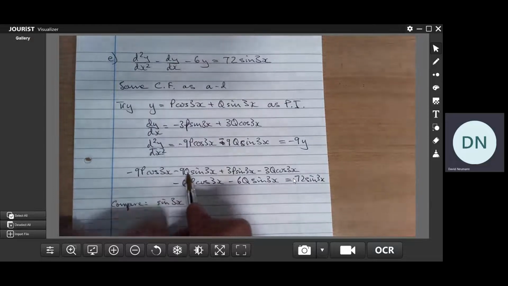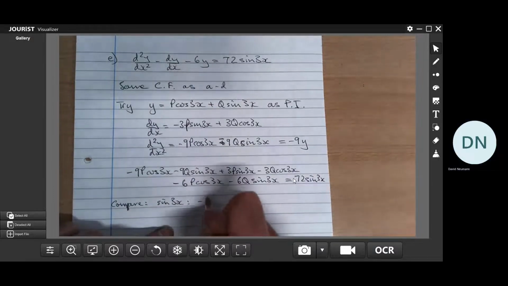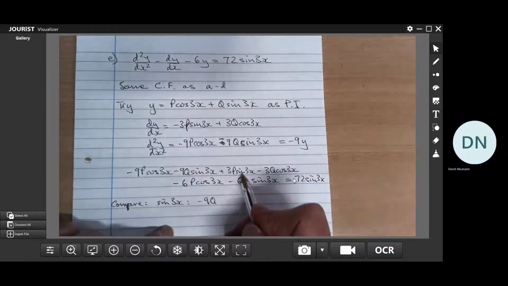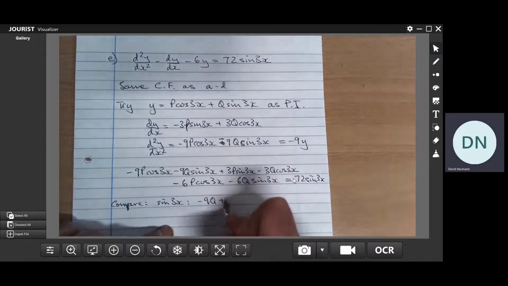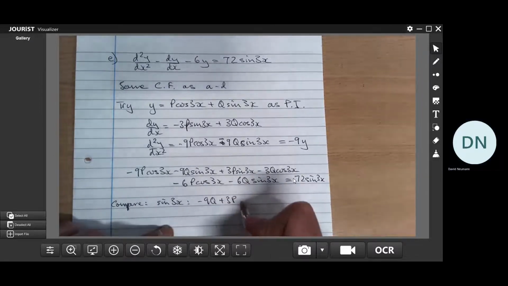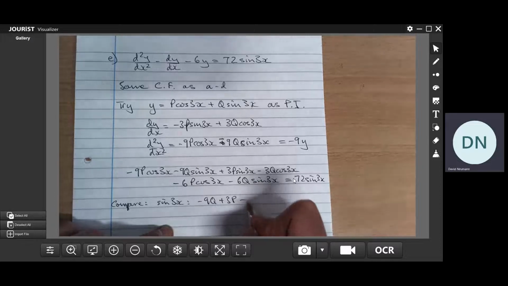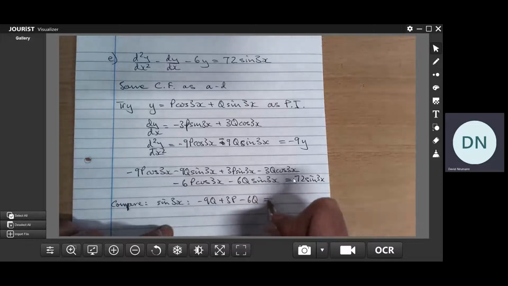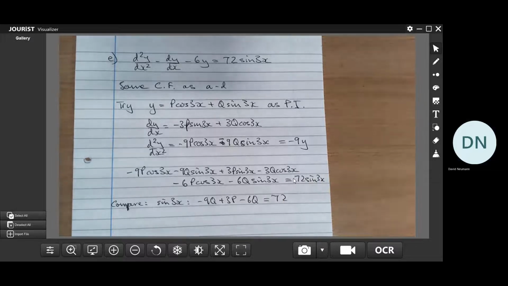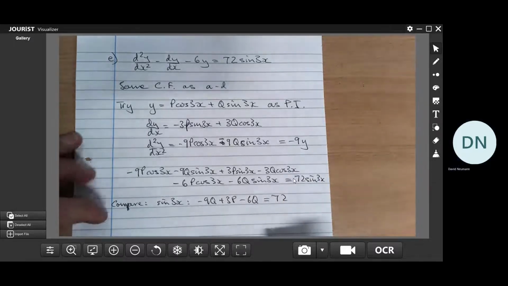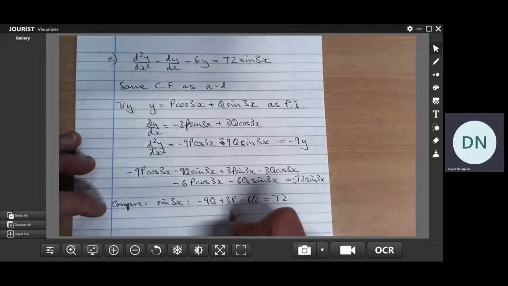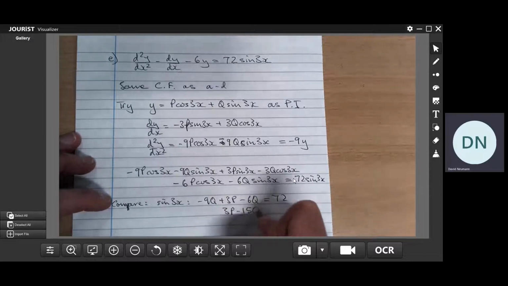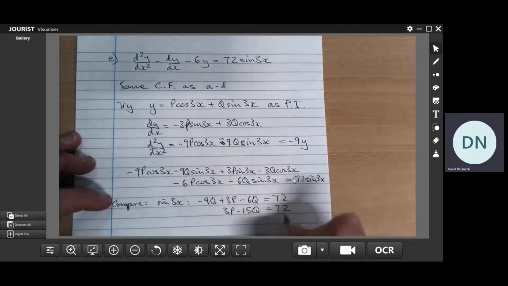We've got minus 9q here, plus 3p, minus 6q is equal to 72. So that works out to 3p minus 15q equals 72.